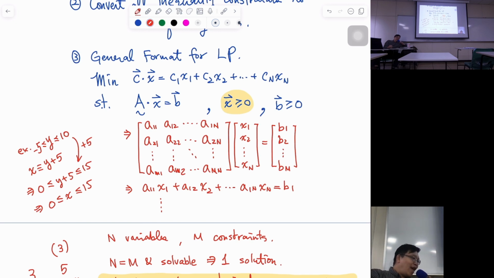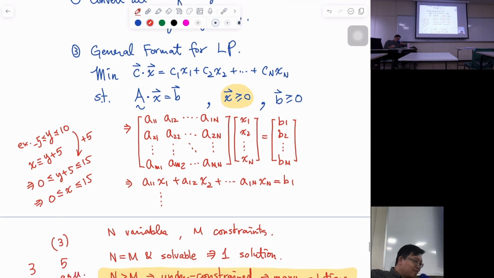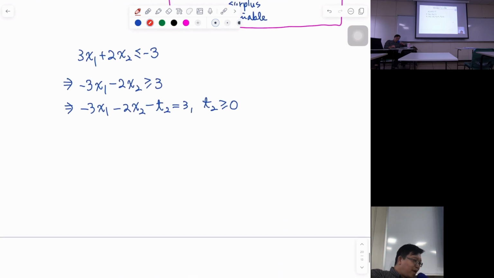If you allow x to be any value within the real number space, probably what you can do is you choose x equal to positive and then solve for the positive side, and then reversely solve for the negative side. That's also another way. And see which solution gives you the best. Okay?